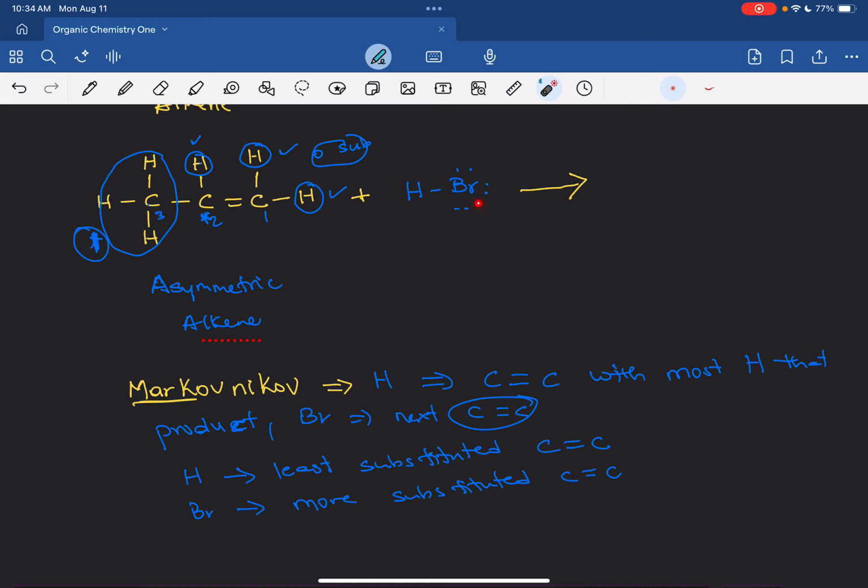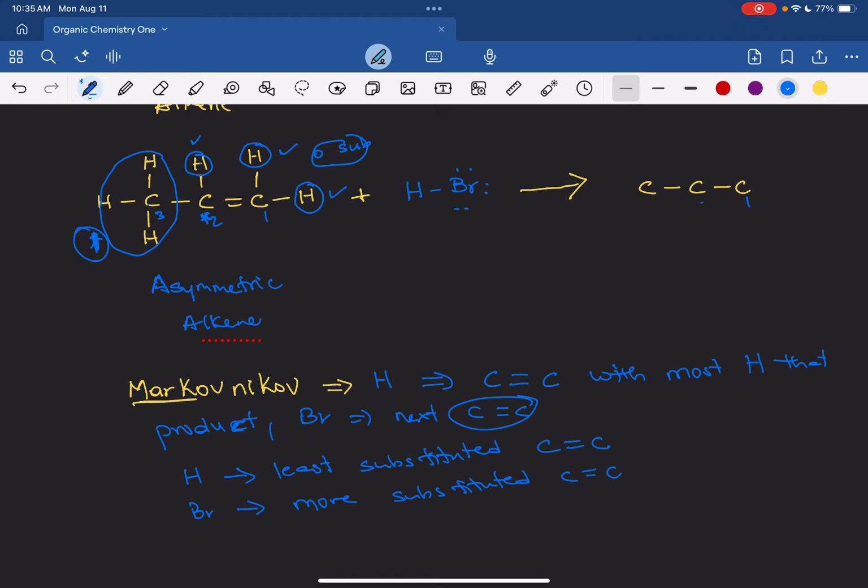But hey, we're not writing the mechanism right now. So draw carbon one, two, three. Put your carbons back because we did not lose them. You can't just get up and throw things away in chemistry. Something has to happen for you to say we lost the carbon or we lost the hydrogen.